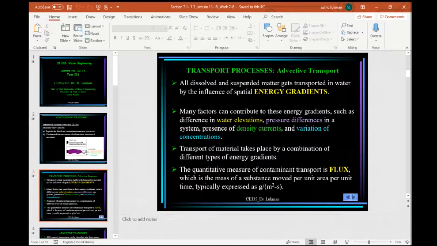Then, if it has harmful consequences on our health, we call it a pollutant. If it changes the color or the taste, and it can impact our health, then we call it a pollutant. But anything in water that is not water is called a contaminant.